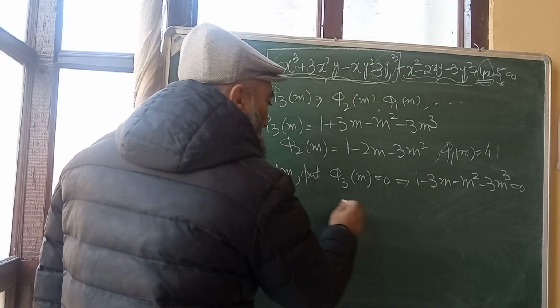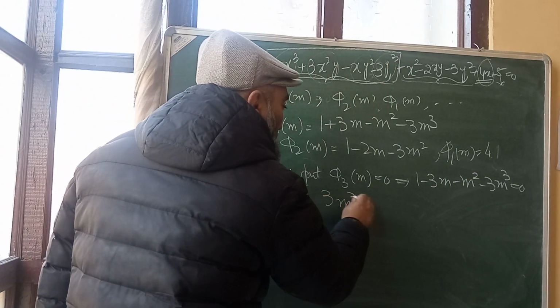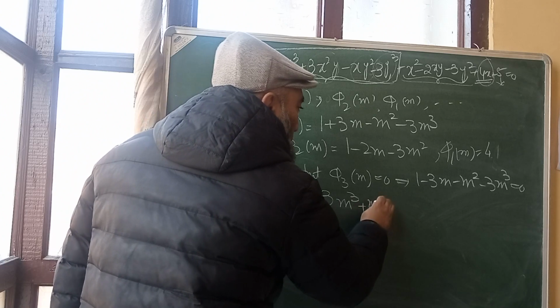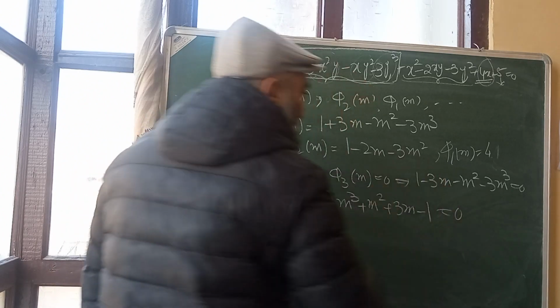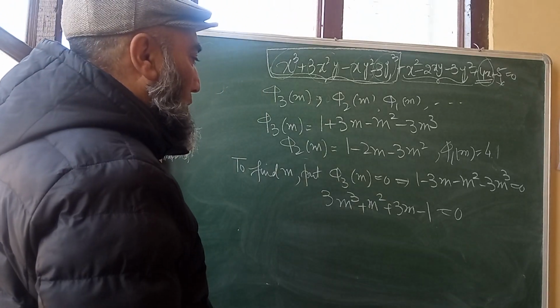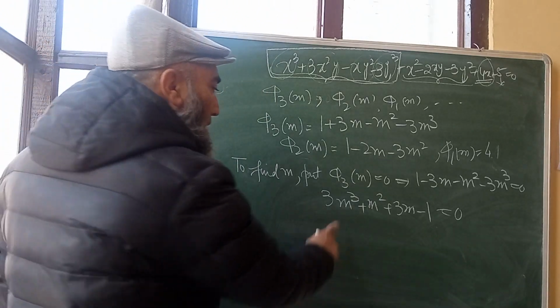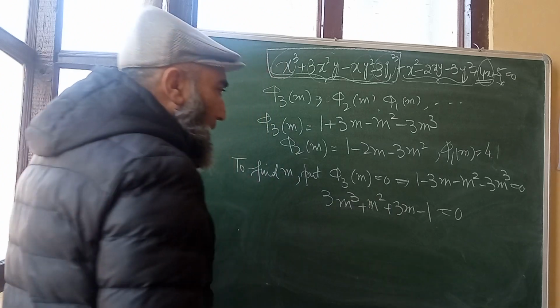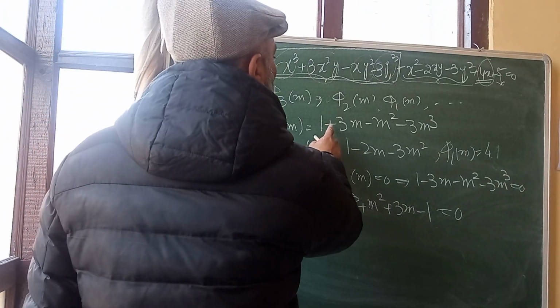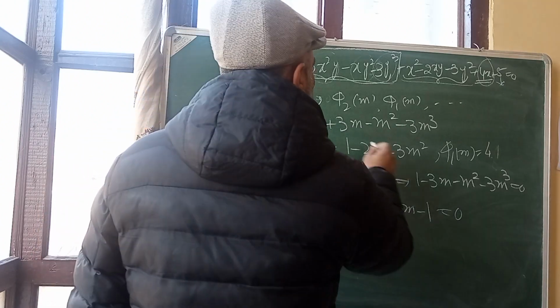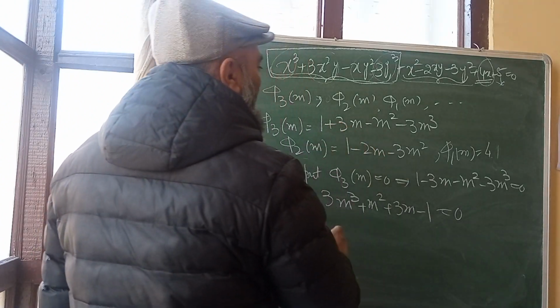Or 3m cube plus m square plus 3m minus 1 equal to 0. Now, you can see m equal to minus 1 satisfies it. Does it? See, this is m. Wait, this is plus 3, plus 1 plus 3.